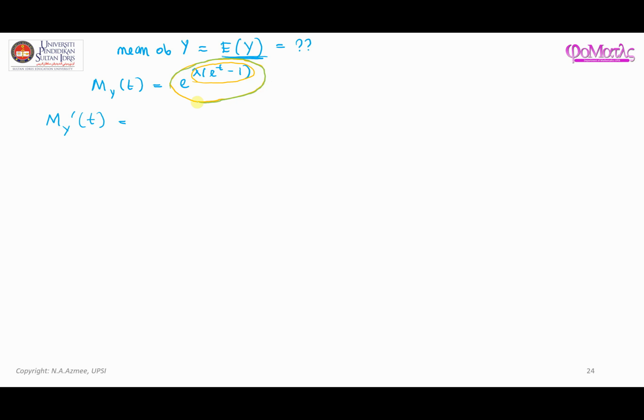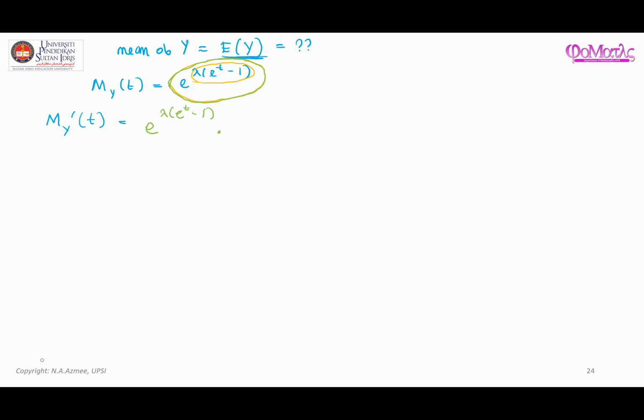So what is the result if you differentiate e to the power of something? You will get back that particular result, e^(λ(e^t − 1)). So this is the result that you get when you differentiate the outer part.